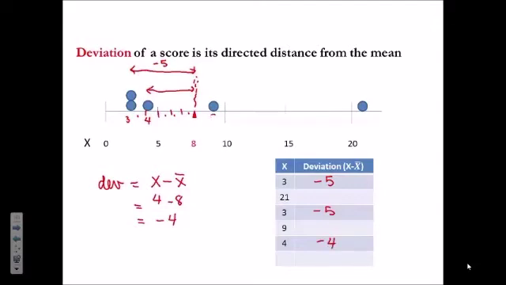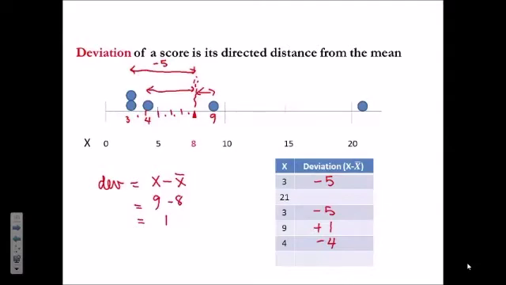What about 9? 9 would be one box above the mean. So one box above the mean. Or we could use this formula and say the deviation of 9 is 9 minus the mean, or 1.